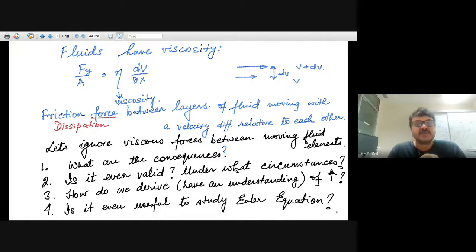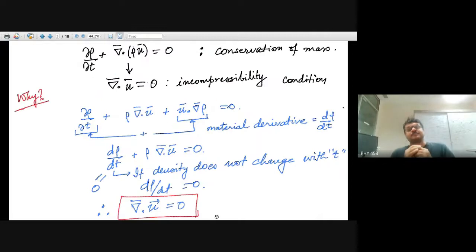And next class we're going to see, is that even valid? I mean, when can we do it? Of course, for the superfluid we can do it, but are there other cases when we can use Euler's equation and simplify the more complex equation and get an understanding of the fluid flow, right? And also derive the equations and discuss in what circumstances we should be studying the Euler equation.